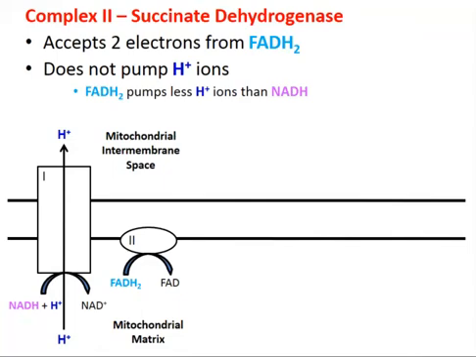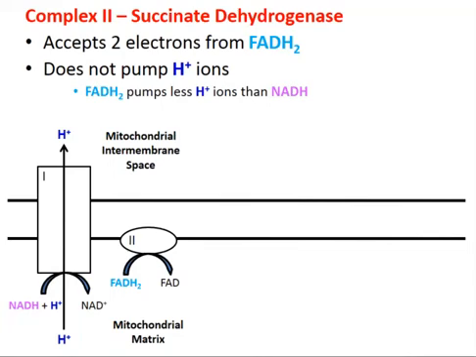Importantly, when we start looking at how many ATP are produced per NADH or FADH2 molecule, we get less ATP from FADH2. The reason for this is that FADH2 misses the first hydrogen pump in our electron transport chain.